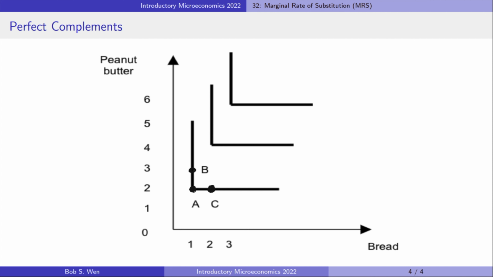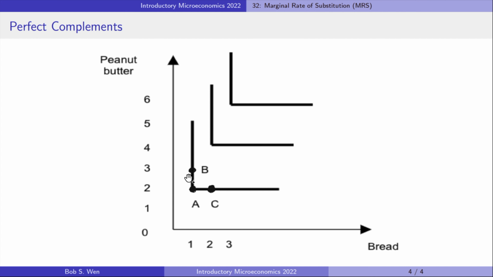As shown in the graph, a bundle with one piece of bread and 2 spoons of peanut butter is just as good as a bundle with 1 piece of bread and 3 spoons of peanut butter. It is also just as good as a bundle with 2 pieces of bread and 2 spoons of peanut butter.